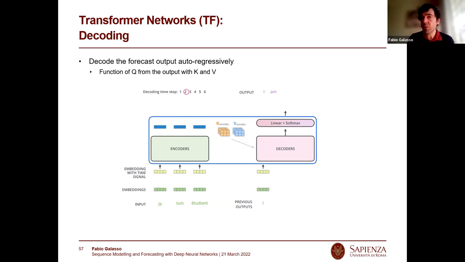The prediction proceeds in an autoregressive way. So meaning that you start predicting with a start of sequence, give me the first one, and then you keep predicting, give me the second, the third, and any time you put your prediction back into the input. But the memory stays constant, untouched.